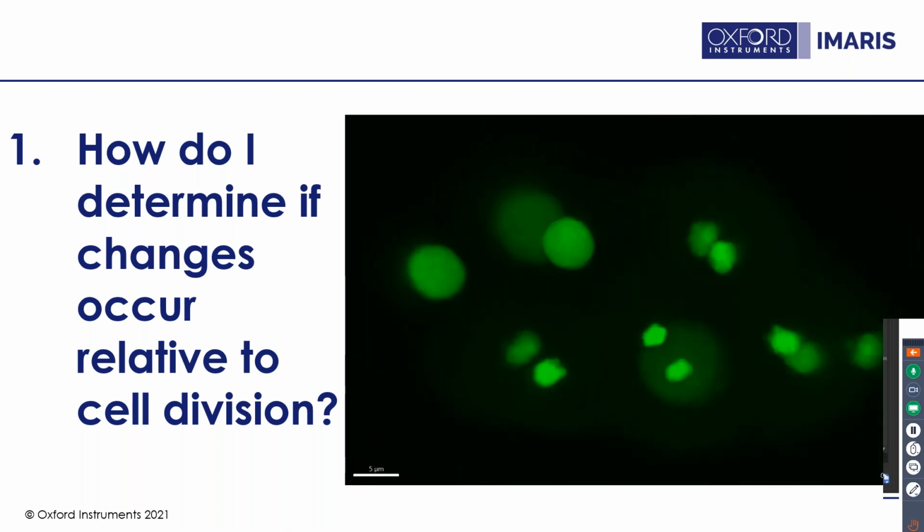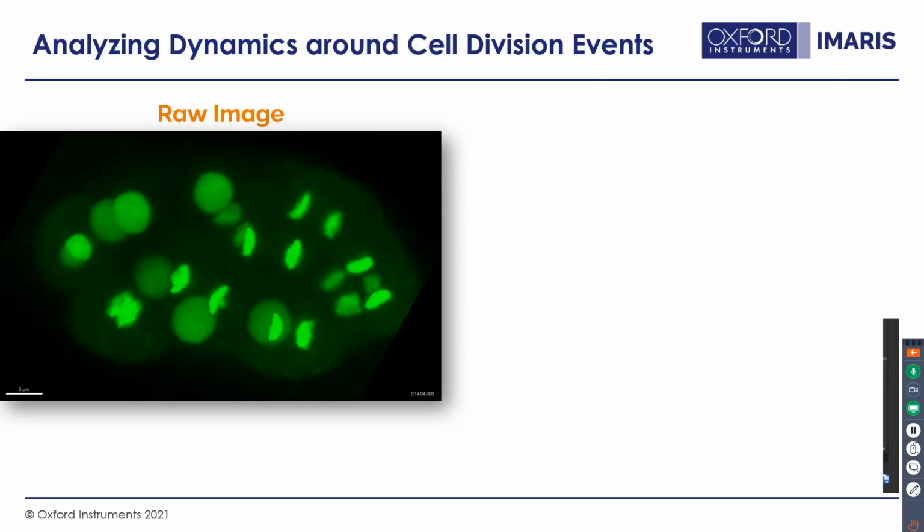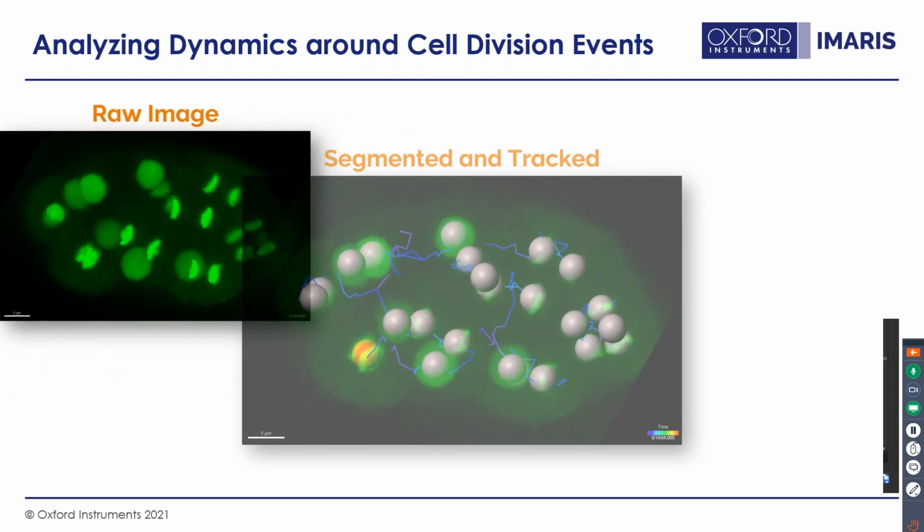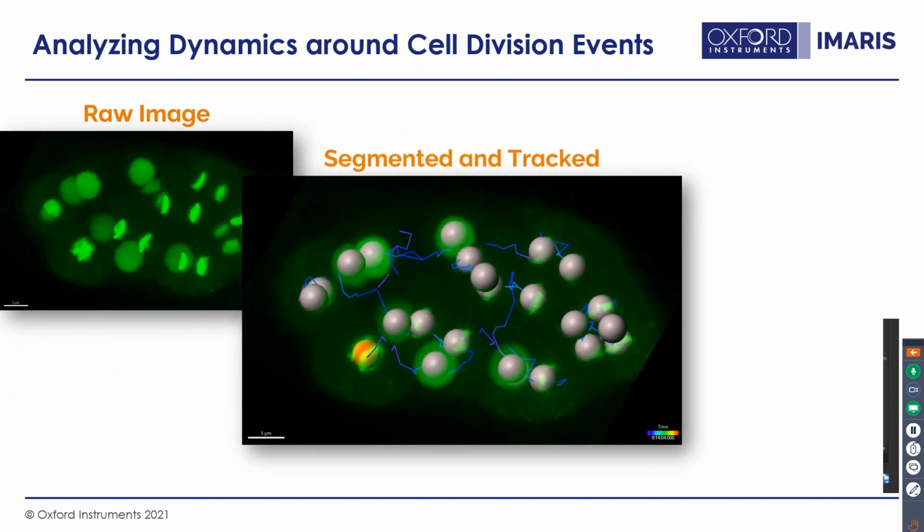And so again, how does Imaris do that? What's the process for being able to take a look at these questions more deeply? First you'll have your raw image or your raw time lapse. You'll go in and both segment as well as track your objects of interest, in this case the chromosomes.